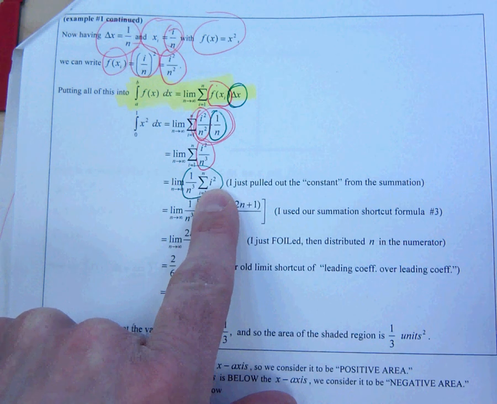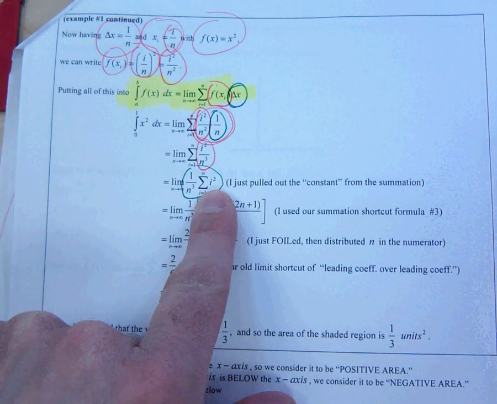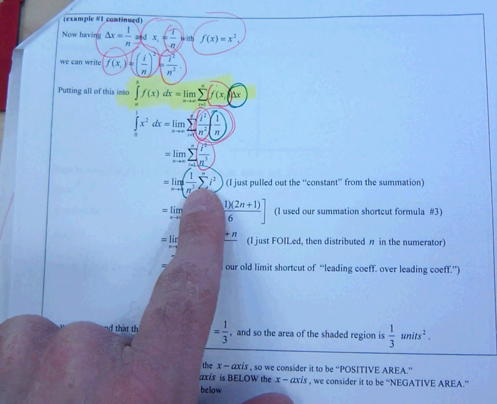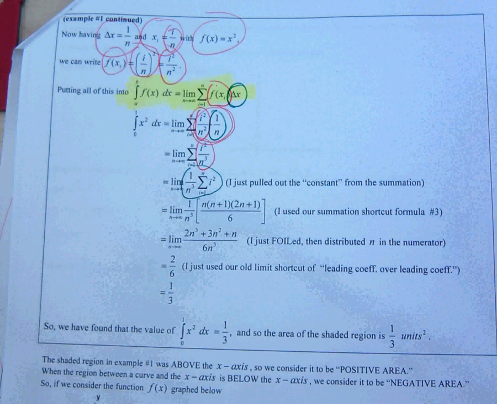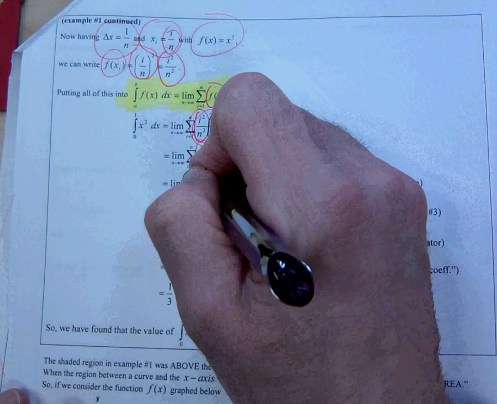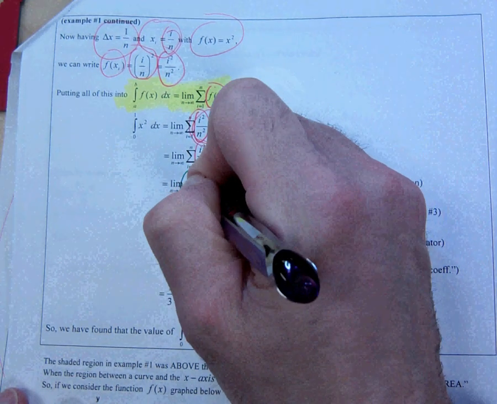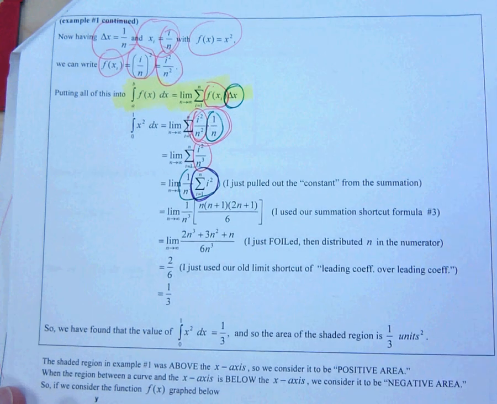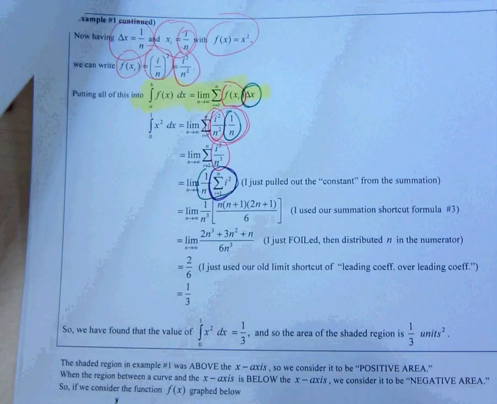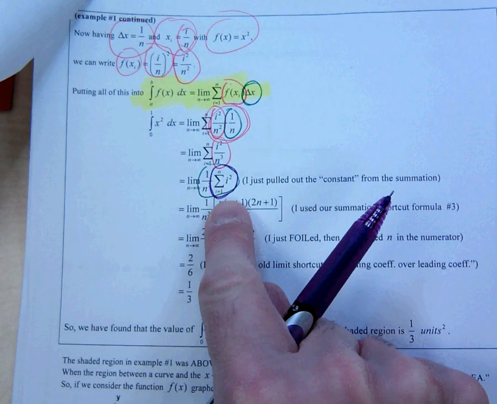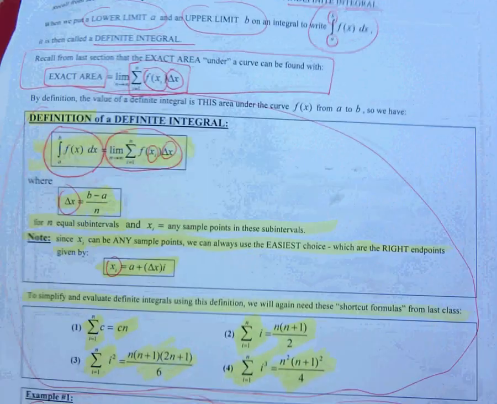Following me? All right, now watch this. Look at that right there. What is the value of that summation? Well, flip back to those 4 shortcuts. Ready? Flip back to the shortcuts. What is the summation of i squared from i equals 1 to n, guys? What is it?